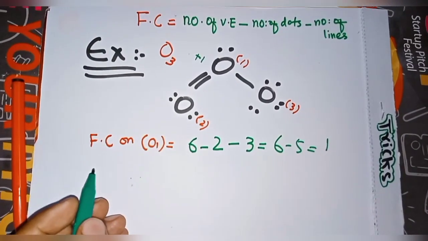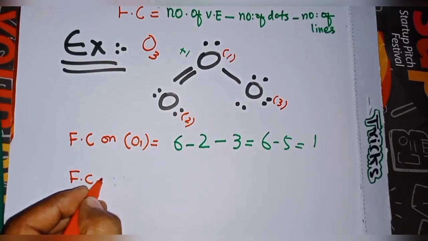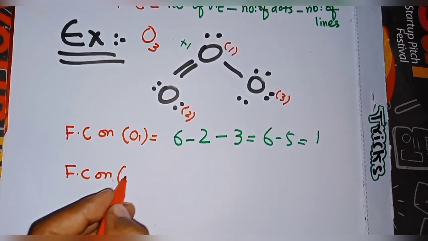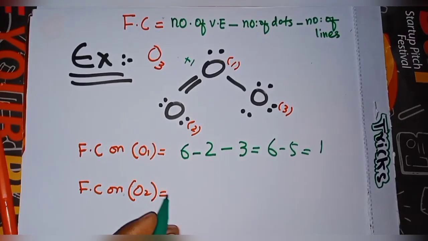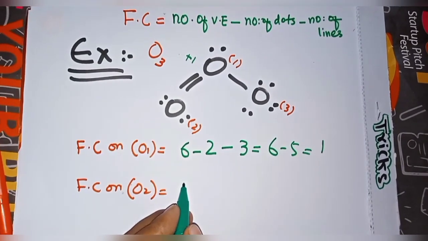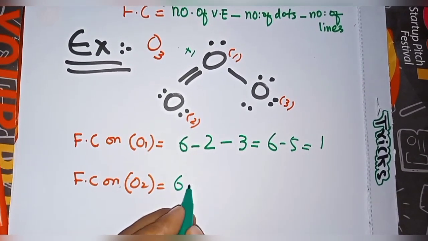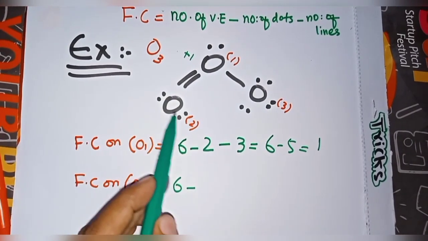So let's find the formal charge on the second oxygen. As you know, oxygen belongs to the 6th group, so the number of valence electrons is 6. The number of dots here is 1, 2, 3, 4.